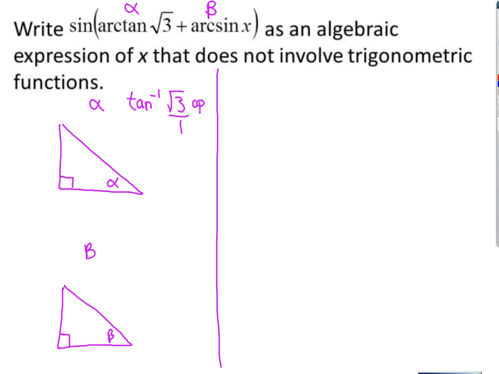So this is our opposite side. This is our adjacent side. So if this is my angle, my opposite side goes here. My adjacent side is down here. We can do the Pythagorean theorem to find the length of the third side. The side across from the 90 is always your c because it is your hypotenuse.